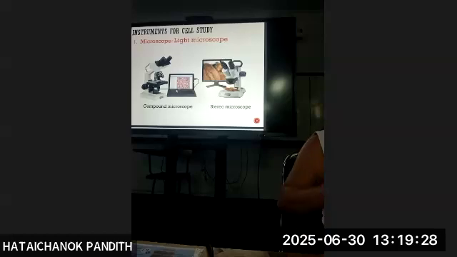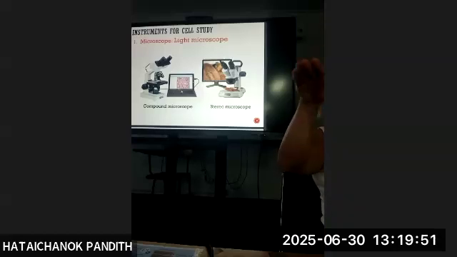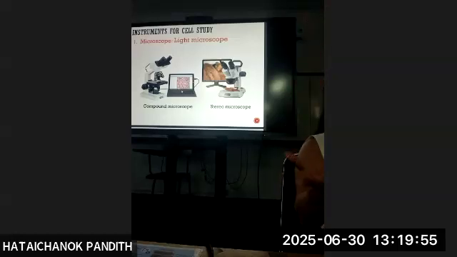Is it a dead cell or a living cell? Dead. Everything that you look at under a compound microscope has to be dead, because you have to section it into a very thin layer. If it's alive, you also have to section it to make it thin enough so you can see through the cell.